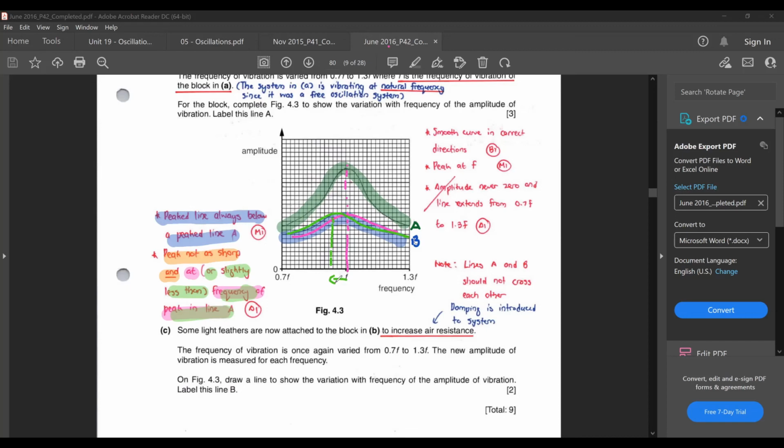Okay, that's why I mentioned to you it's actually optional to follow, because there's the word or. You either put the frequency at the previous frequency or slightly less than the previous frequency. Okay, so either way is fine. It's up to you. All right.